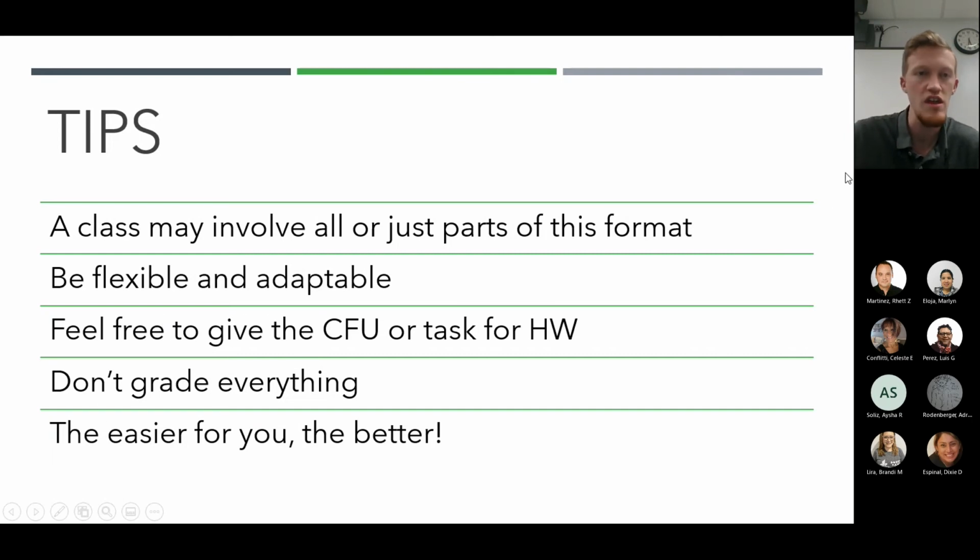Here are some tips I want to end with. A class may involve all or just parts of this format. So today my class was primarily application, but the Pear Deck was used as a quick type of discussion. Because of the discussion, you might have to be flexible and adaptable as to what you expect to talk about exactly.